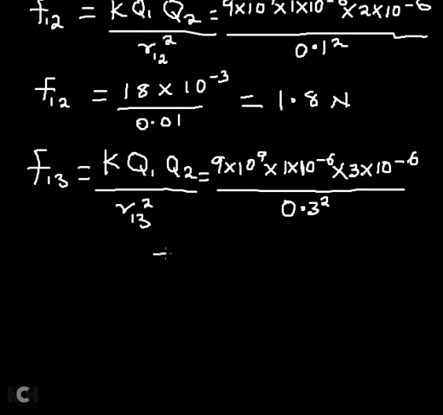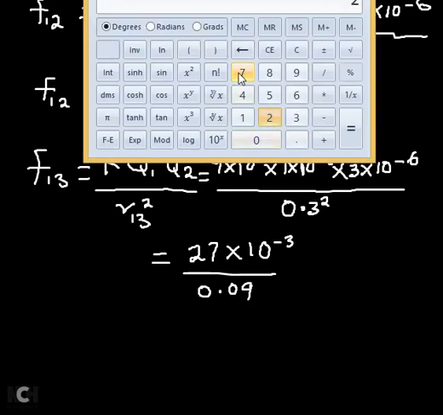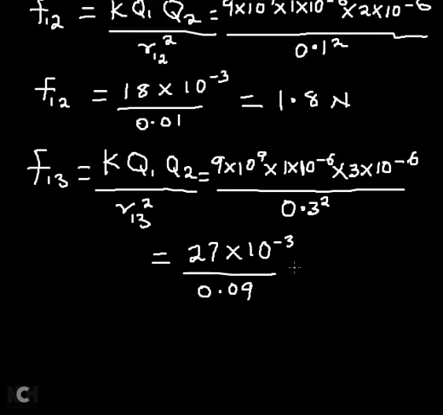All right, so let's do that. This is going to be 9 times 3, that's 27, so 27 times 10 raised to the power of minus 3, divided by 0.09. Let's divide 27 by 0.09. What do we have? That's 300. So 300 divided by 1000 should give me 0.3.